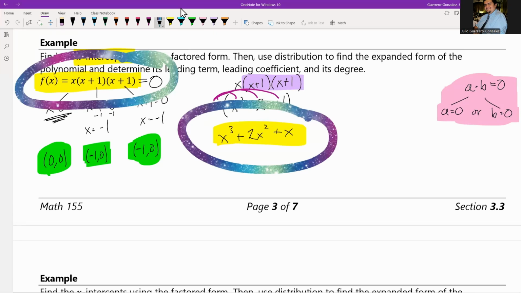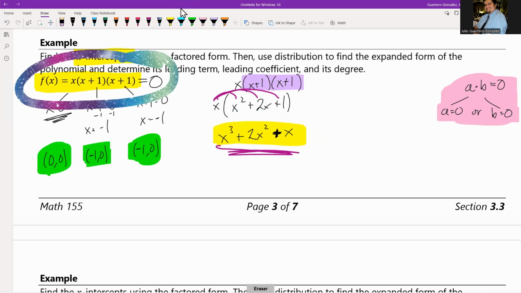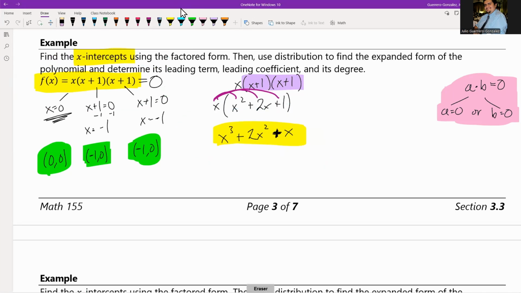One of them is what we call the expanded form, which is this one, and the other is called the factored form. Hopefully you guys see why the factored form is really helpful. It automatically gives you the zeros. It automatically gives you the x-intercepts.